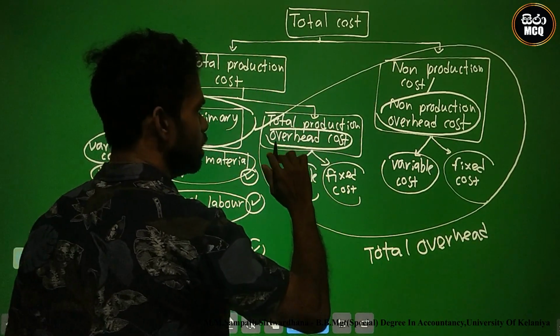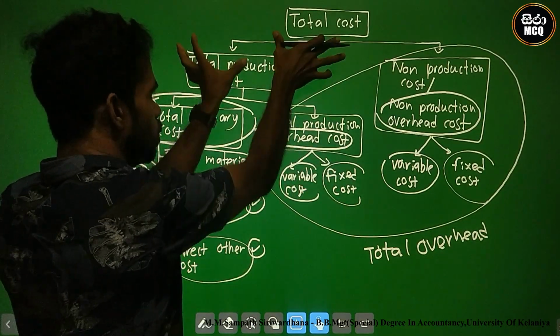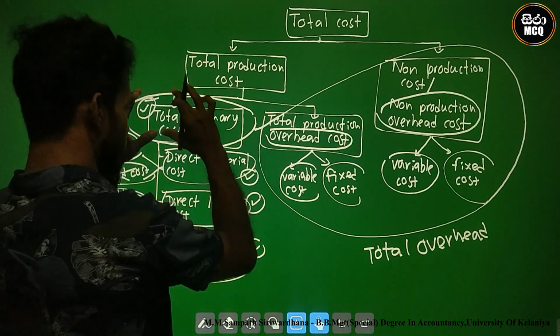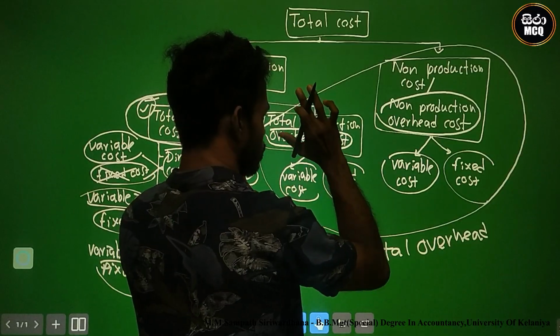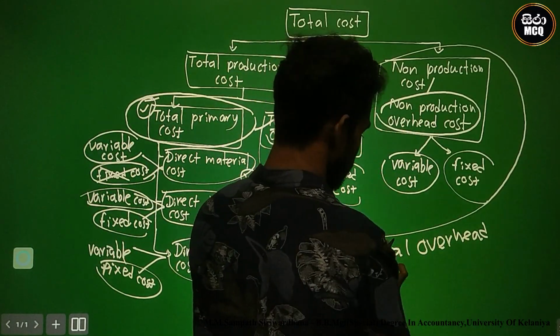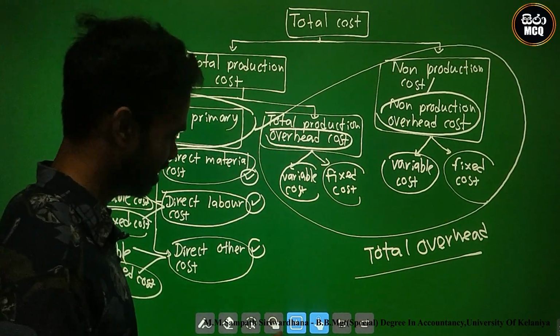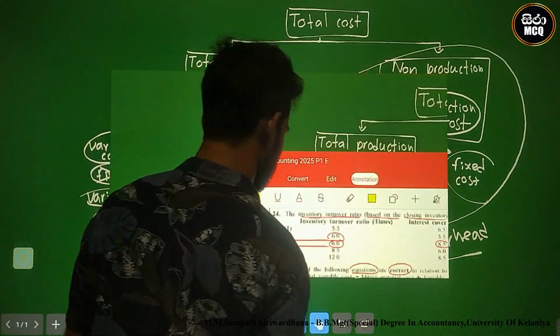Based on the total overhead, these two branches are identified. Therefore we can identify total cost based on this equation. Primary cost is identified, and the other branches, production overhead and non-production overhead, are both identified using the total overhead. Therefore we can identify total cost. Okay, this is the identification of total cost.